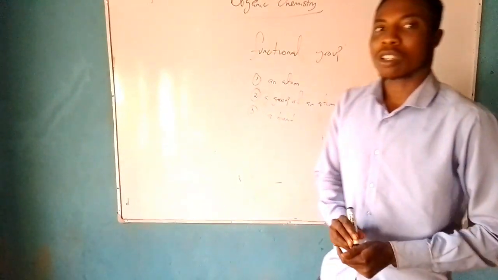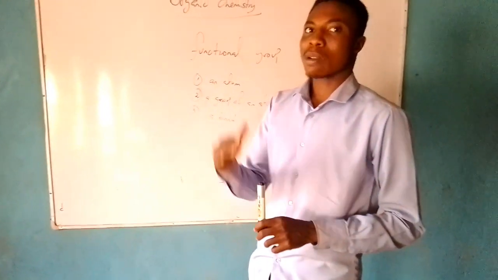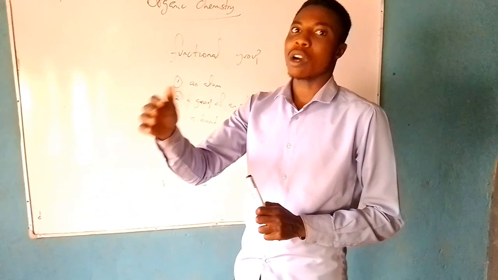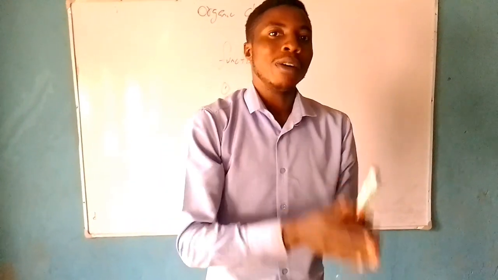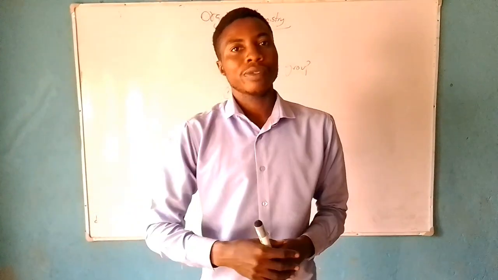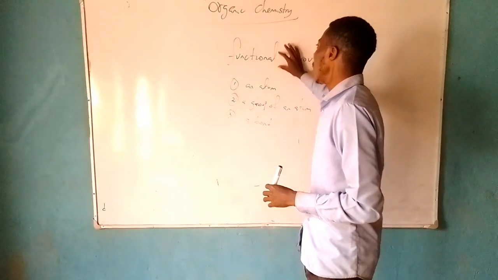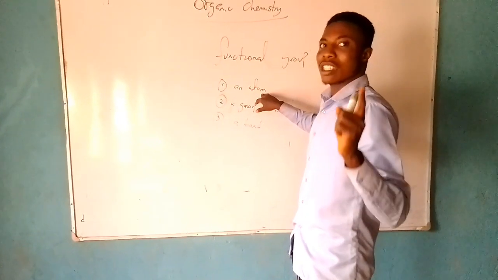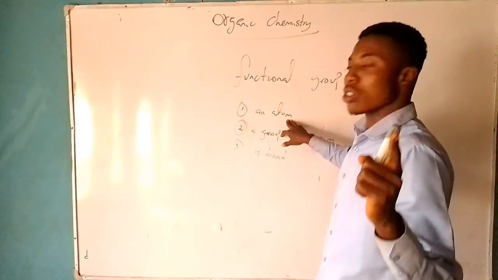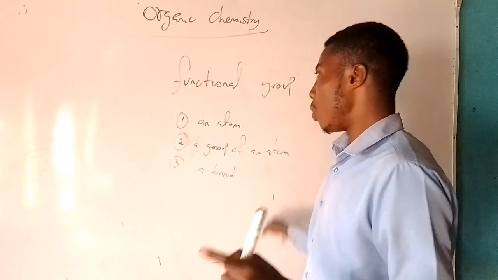The last time we talked about the family of homologous series. In this video, we're going to talk about how to know that a particular organic compound belongs to a particular family. What you can use to know it is that the particular homologous series has either an atom, a group of atoms, or a bond.